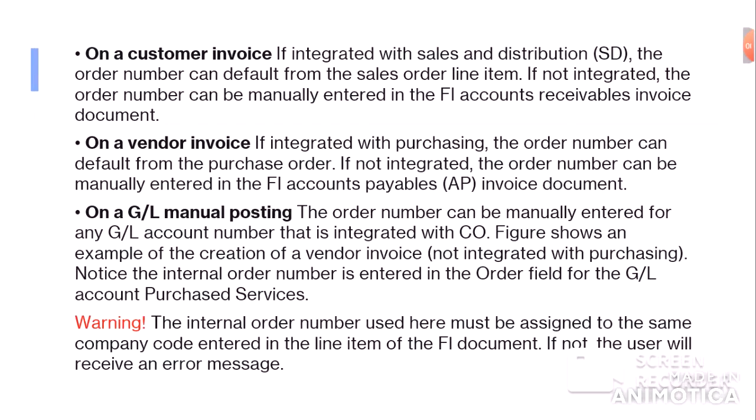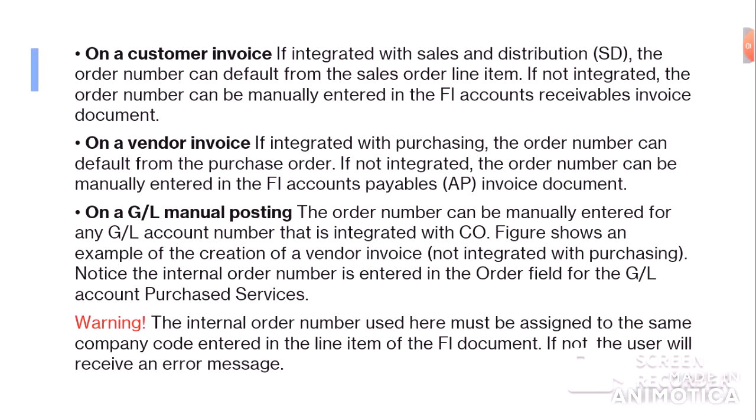On a customer invoice, if integrated with sales and distribution, the order number can default from the sales order line item. If not integrated, the order number can be manually entered in the FI accounts receivable invoice document.